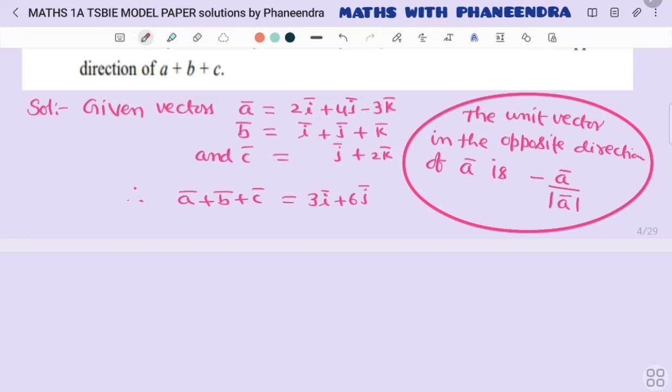So here the vector is not just a bar, it is a bar plus b bar plus c bar.